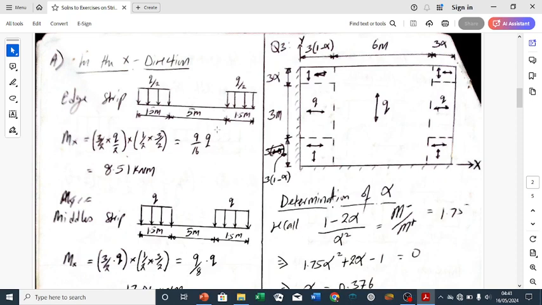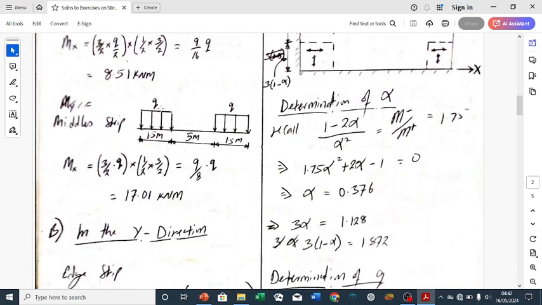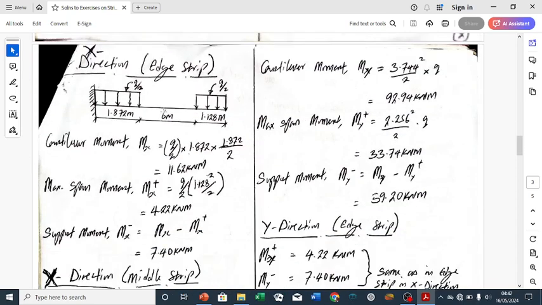So what we now have to do is calculate the moment. First of all, we calculate the cantilever moment. Okay, sorry, we were looking at the wrong diagram. This is the right one.